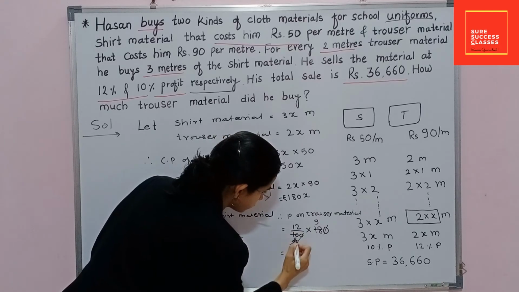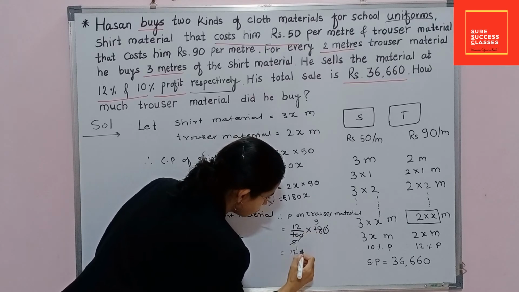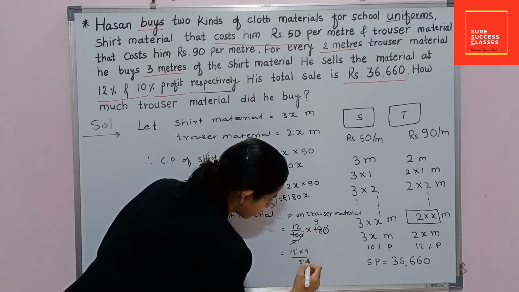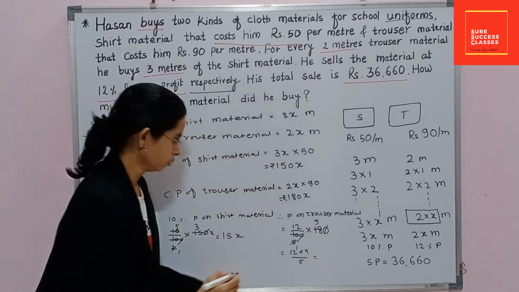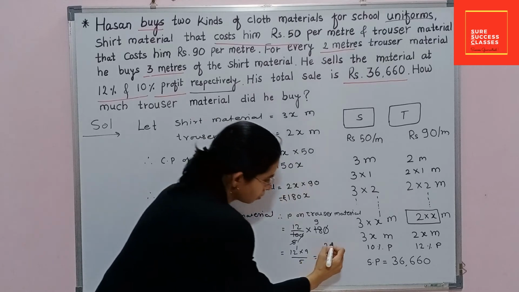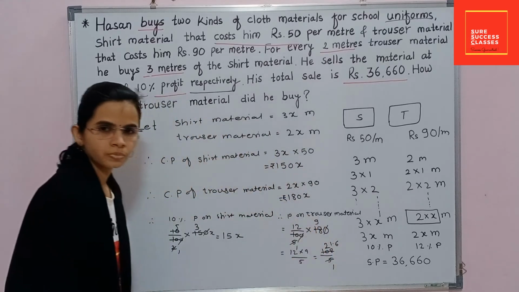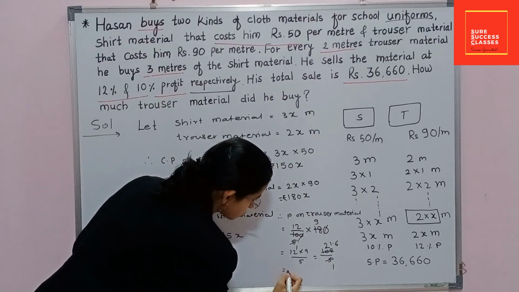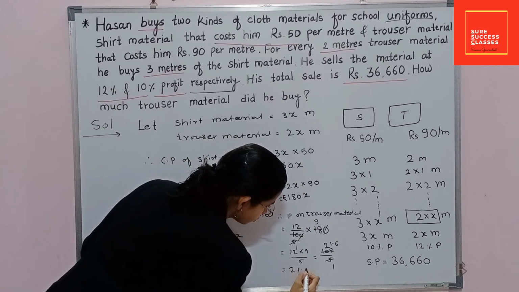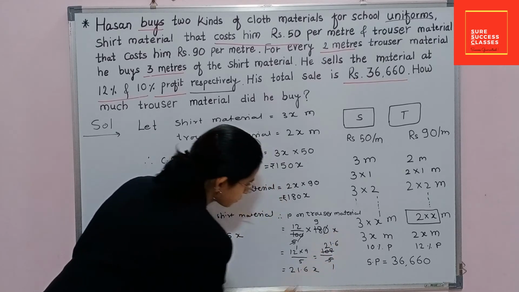Here we will first multiply this number: 12 into 9 divided by 5. 108 divided by 5. 5 2s are 10, 5 1s are 5, 3 remaining, 5 6s are 30. So it is equal to 21.6x.